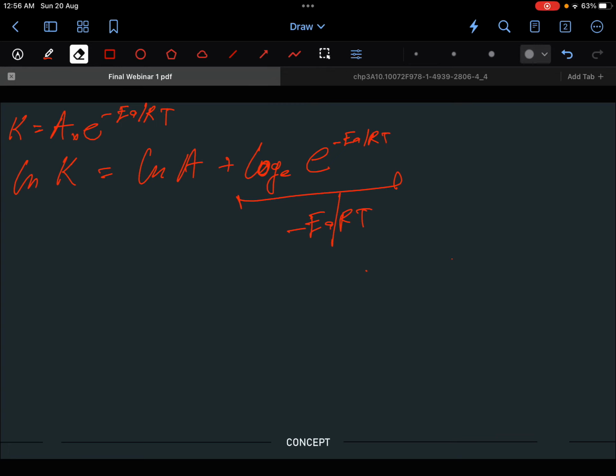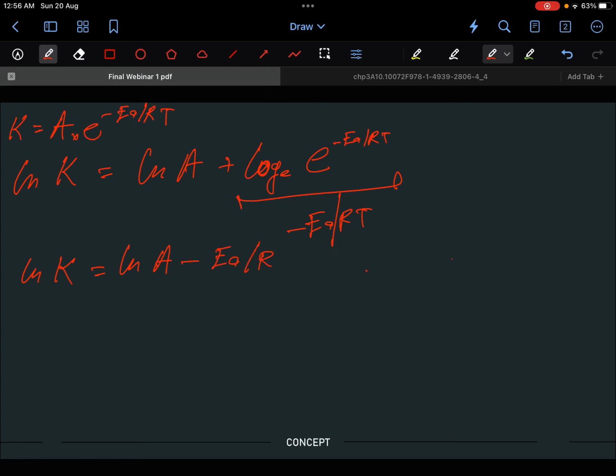So now the equation becomes ln k equal to ln a minus Ea by RT.